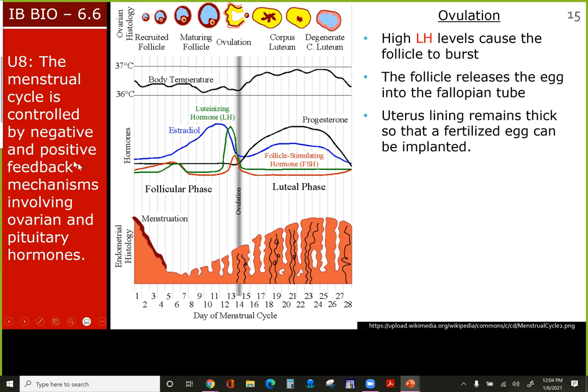Okay, so at day 14, this is ovulation. Those high luteinizing hormones cause that follicle to burst, and the follicle is released into the fallopian tube.